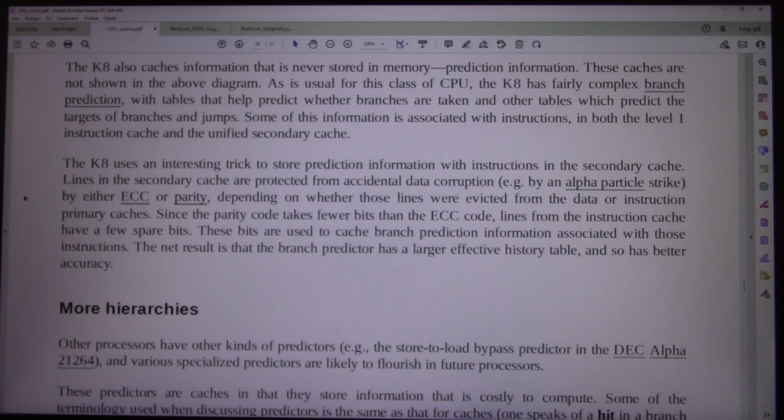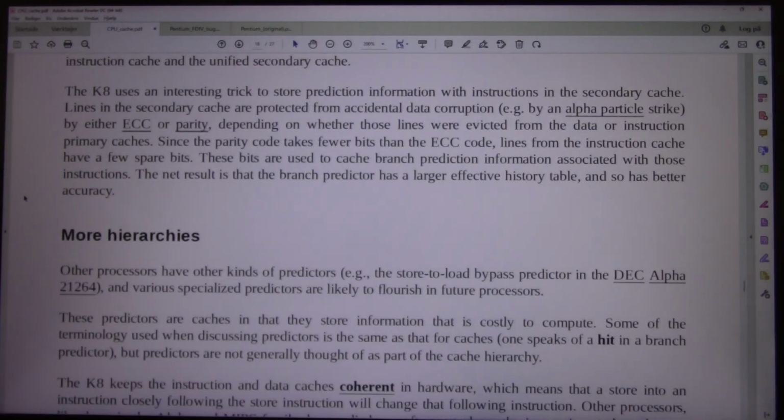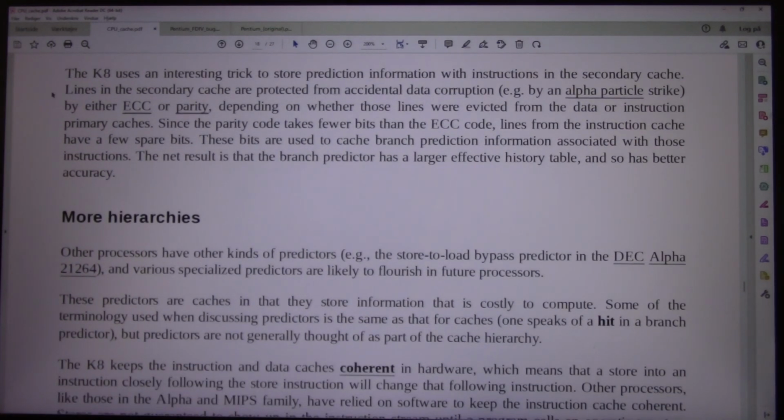The K8 uses an interesting trick to store prediction information with instructions in the secondary cache. Lines in the secondary cache are protected from accidental data corruption, for example by an alpha particle strike, by either ECC or parity, depending on whether those lines were evicted from the data or instruction primary caches.